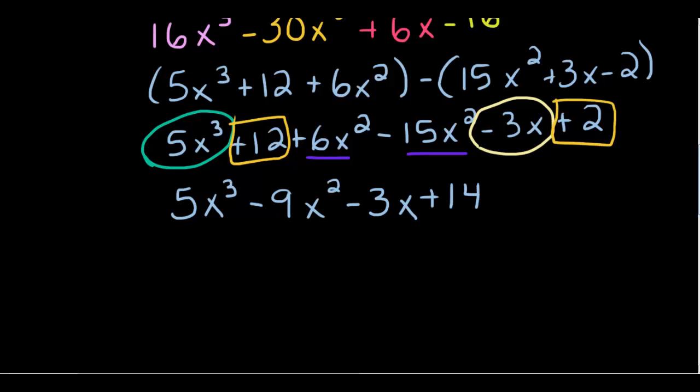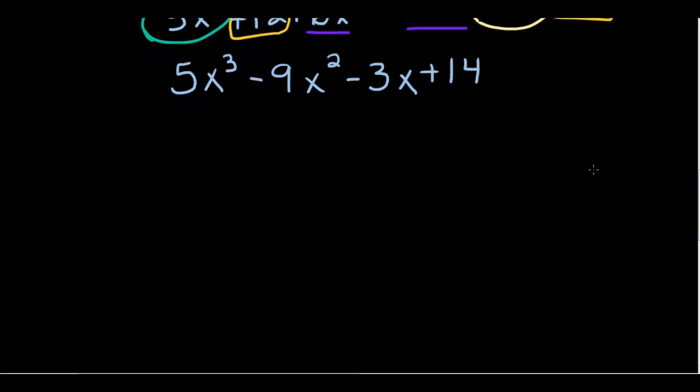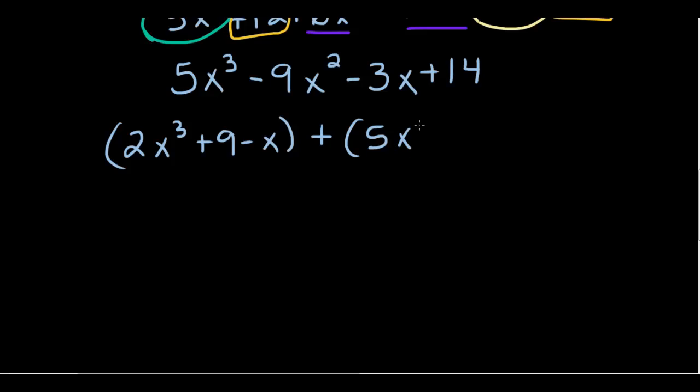Okay, we're going to have two more examples. The next one is also an addition. So it is 2x to the power of 3 plus 9 minus x, and all this plus 5x squared plus 4 plus 7x plus x to the power of 3.